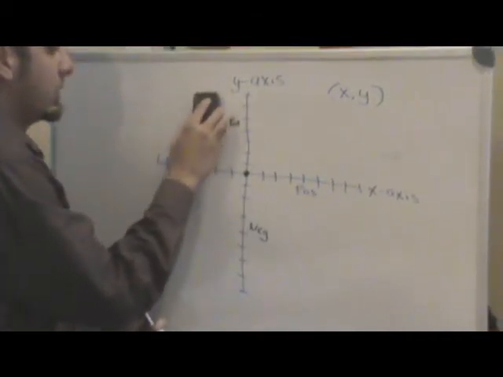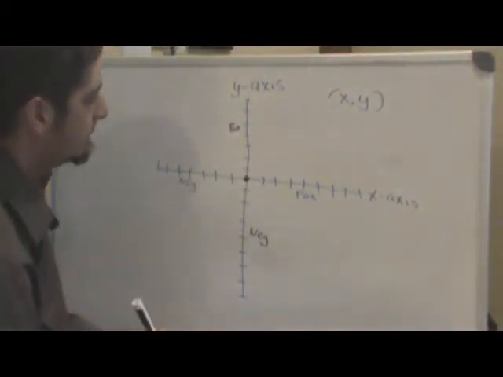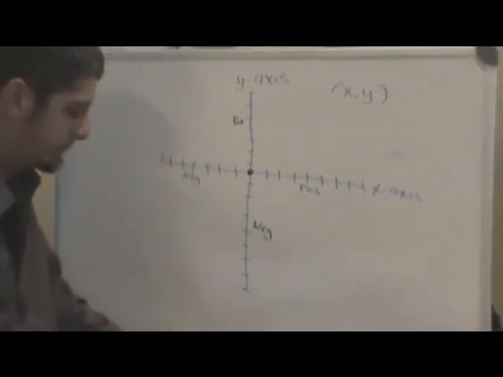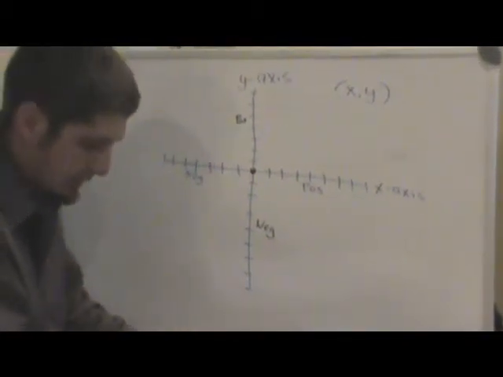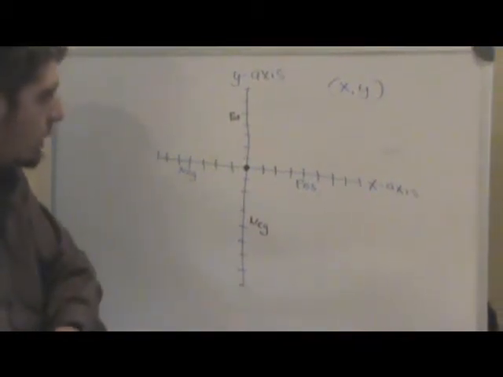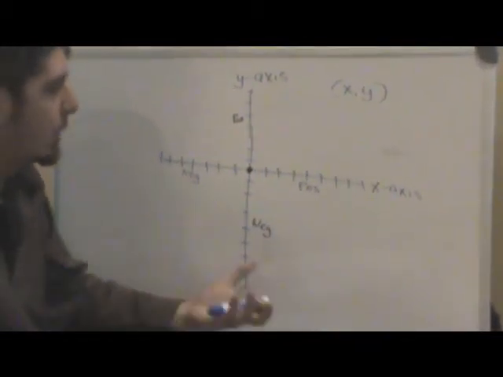So the last thing I'm going to talk about in terms of the coordinate plane and graphing is the quadrants. There are 4 quadrants. That's where the word quad comes from. Quad means 4.